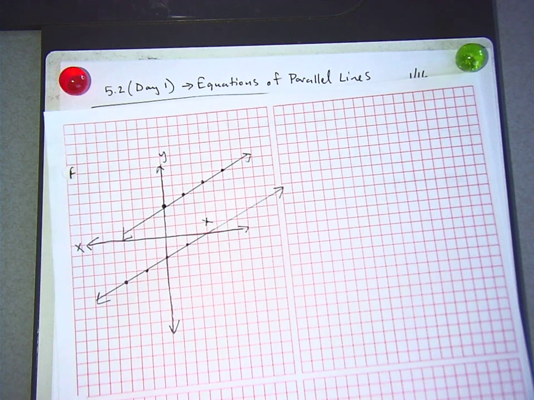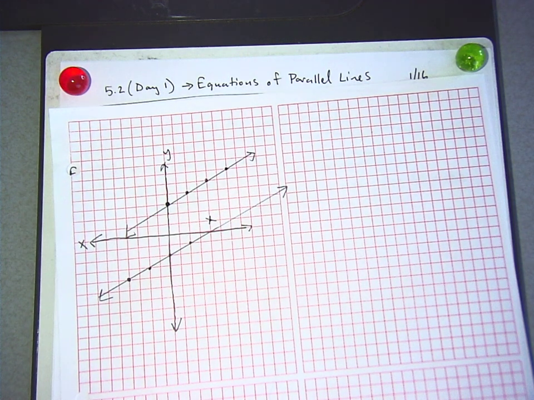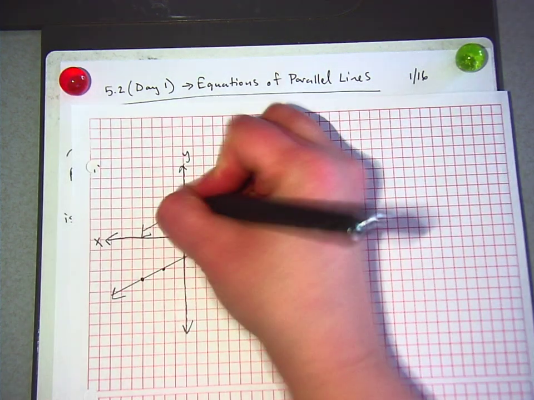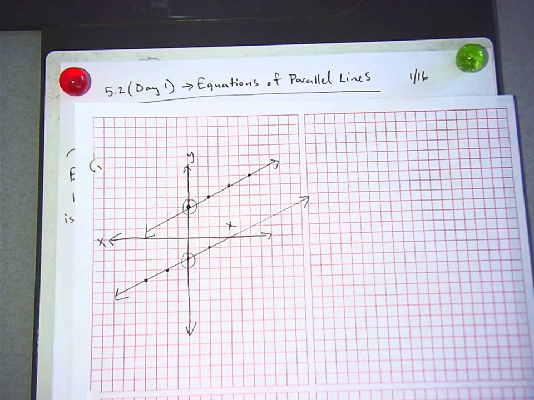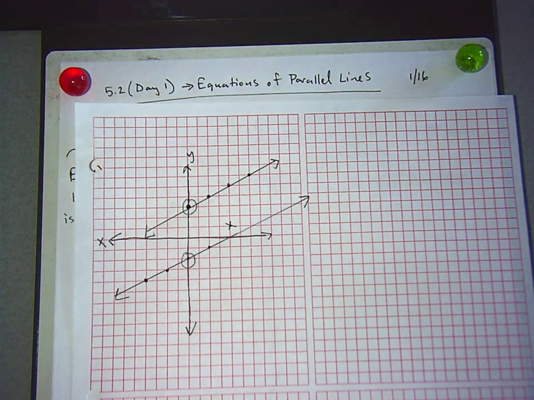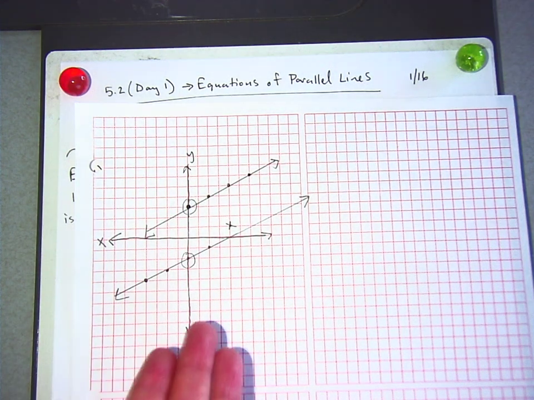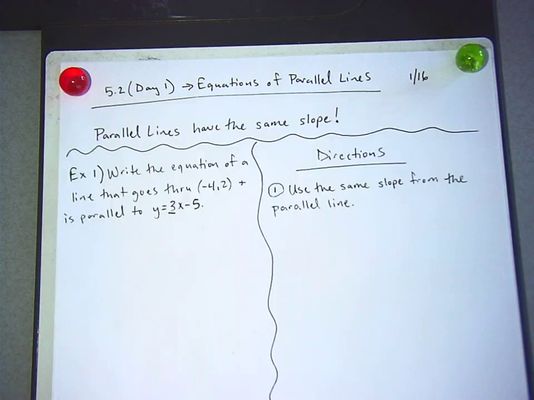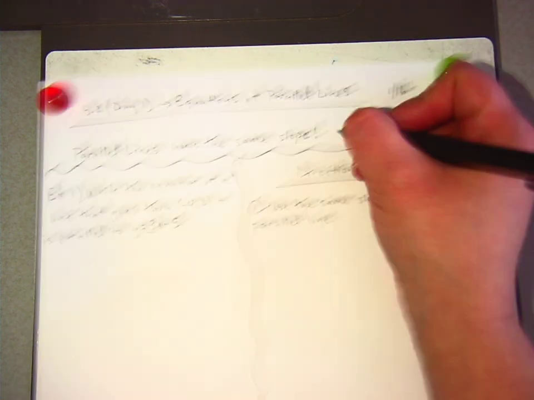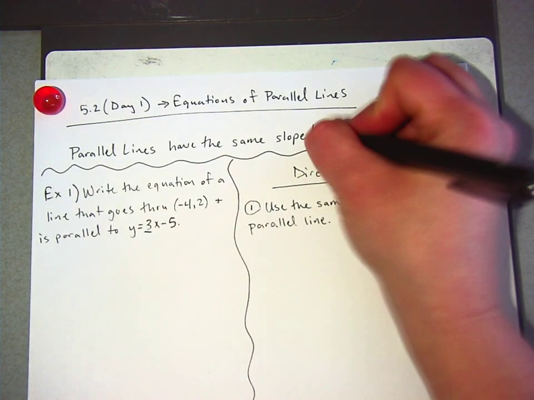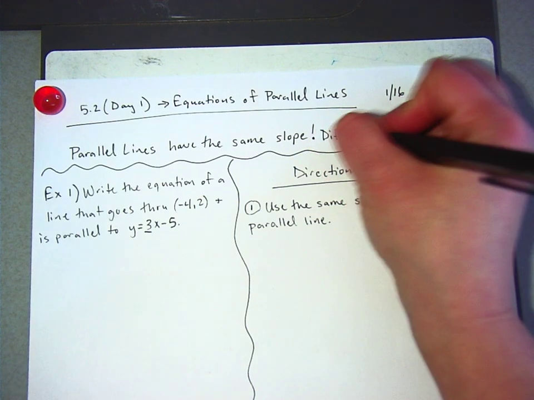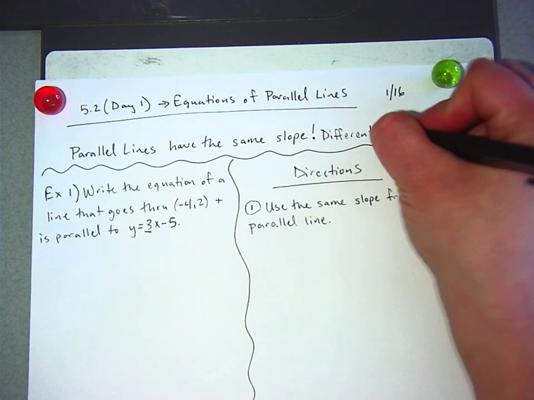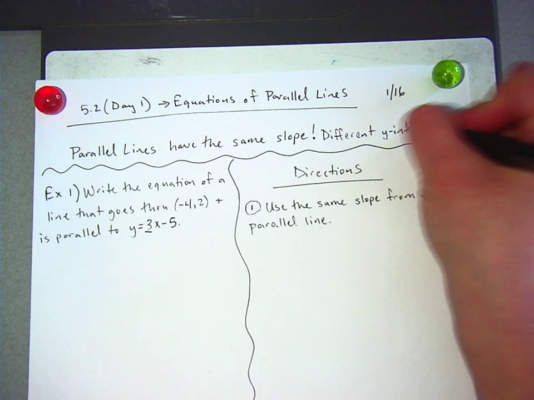They look parallel? Do you see how they cross the y-axis at different points? Sometimes they have the same y-intercept, but that just means they're the exact same line. So I'm going to write here: parallel lines have the same slope, different y-intercepts.